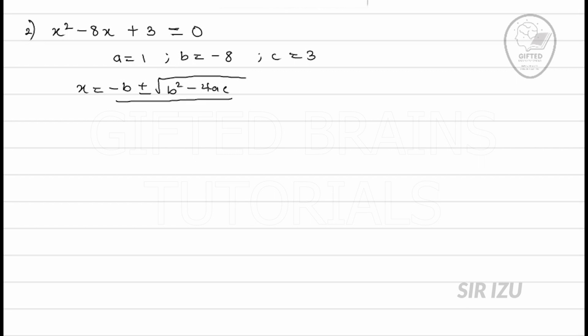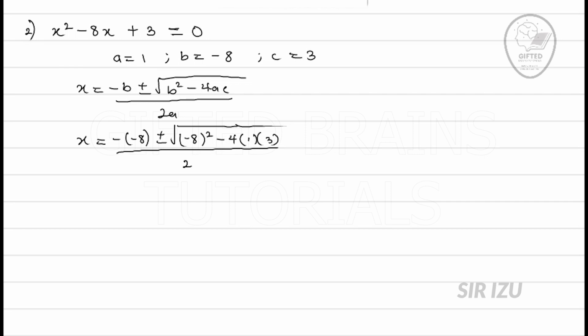all over 2a. And so that will give us x is equal to minus b, means minus, open bracket, minus 8, plus or minus the square root of b squared, that is minus 8 all squared, minus 4 multiplied by our a, that is 1, our c, that is 3, all over 2a, that's 2 into 1.